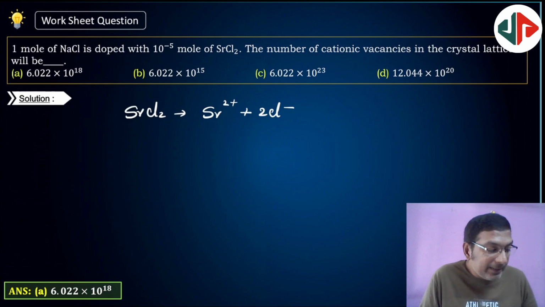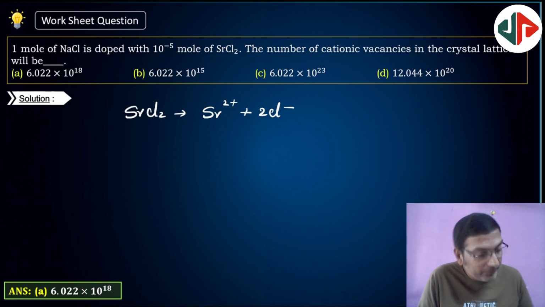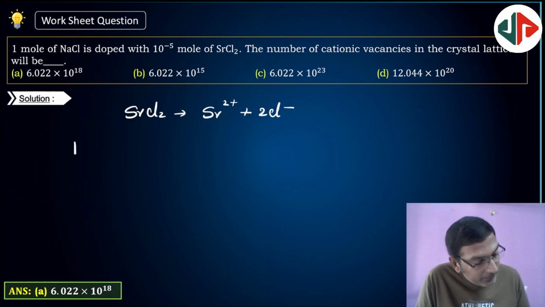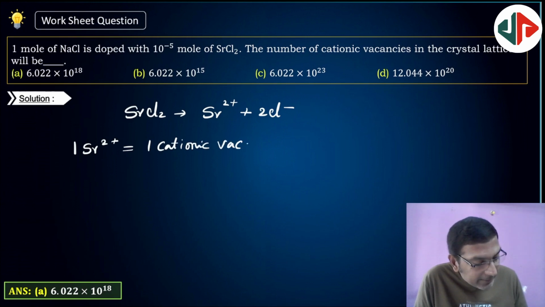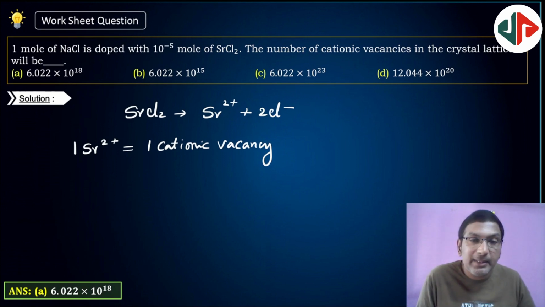So NaCl is doped with SrCl2. That means 1 Sr2+ will be equal to 1 cationic vacancy. So 1 Sr2+ can create 1 cationic vacancy.